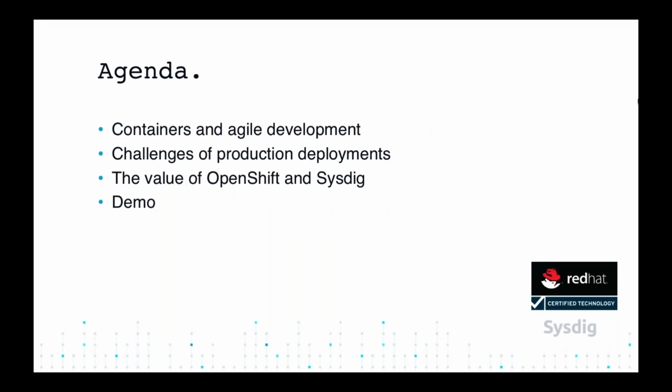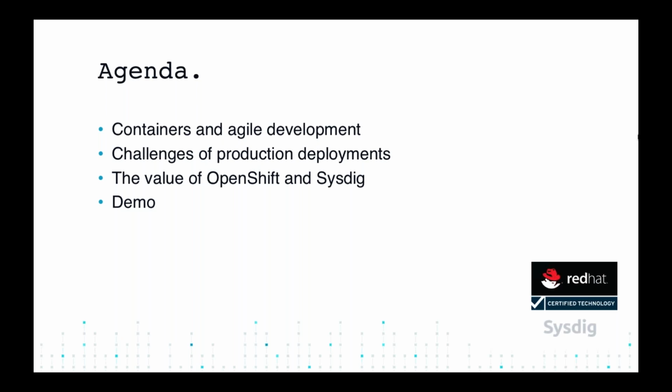We'll talk about containers and agile development, what the excitement is all about and what the promise of this is. At the same time, we'll turn to a few of the challenges that we see in and around production deployments. Once you're developing applications and orchestrating through OpenShift, what are the things you need to know?